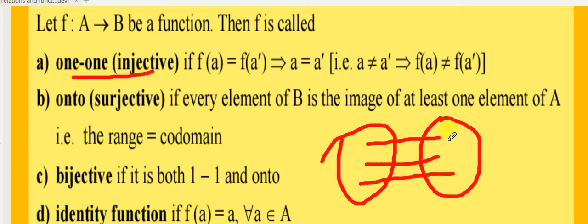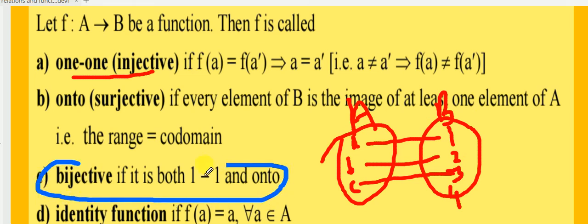If every element of set B has pre-images, then it is onto. Here if you consider A, B, C and 1, 2, 3, this is clearly one-one and onto. If I write 4 here, this is not onto. If I map two elements to the same element, then it is a many-one function. If it is both one-one and onto, that is called a bijective function.